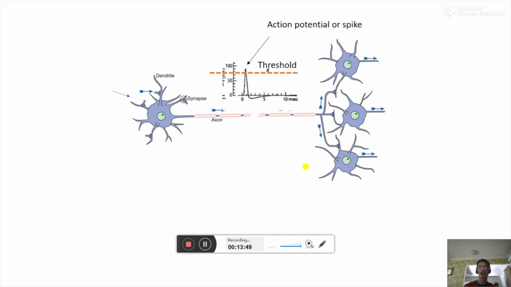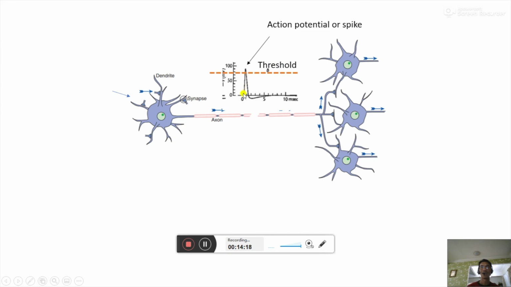So what's important here, basically, is that the threshold is important. If we go more than the threshold, the spike is counted and passed over to the next slide. If the signal is below the threshold, it will be left out.